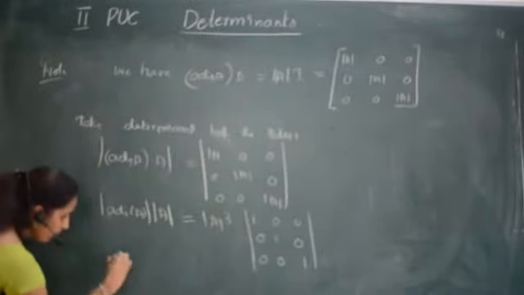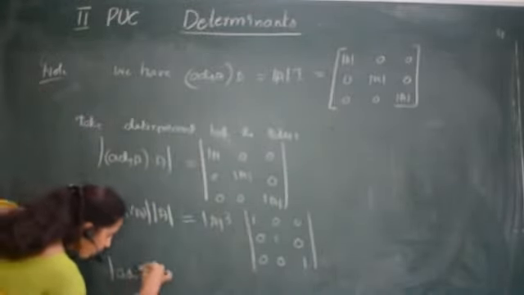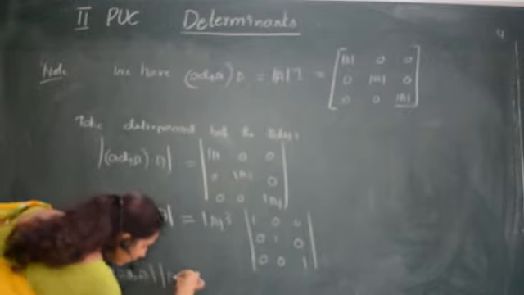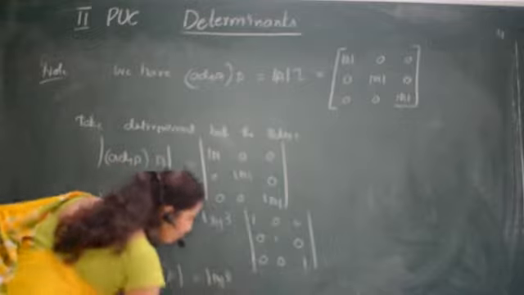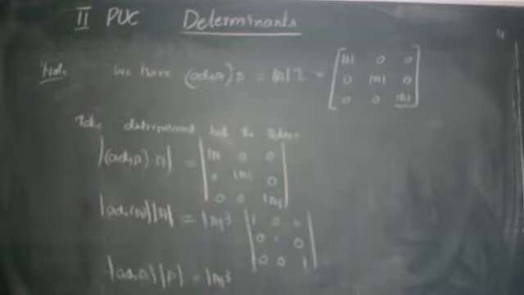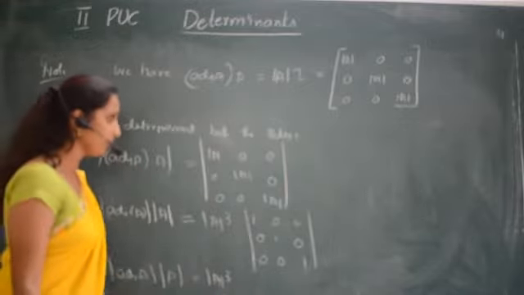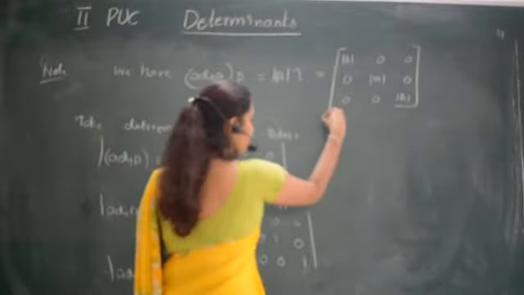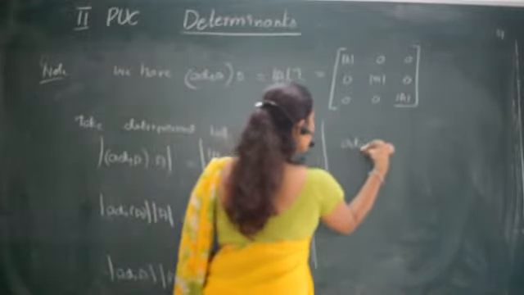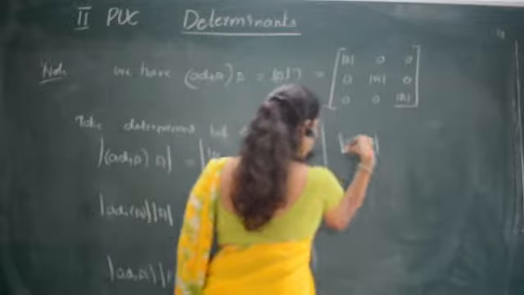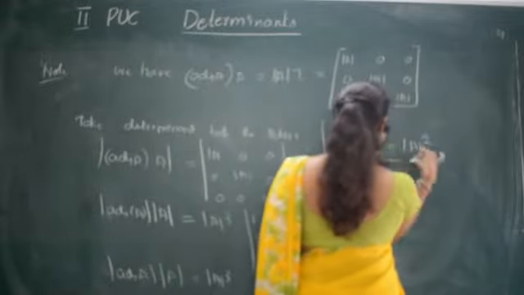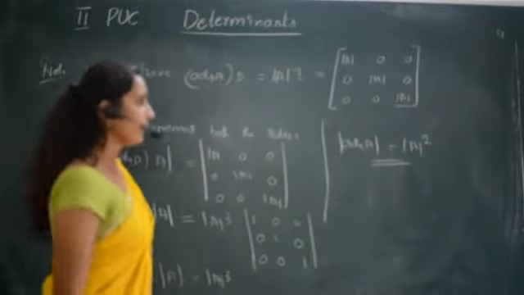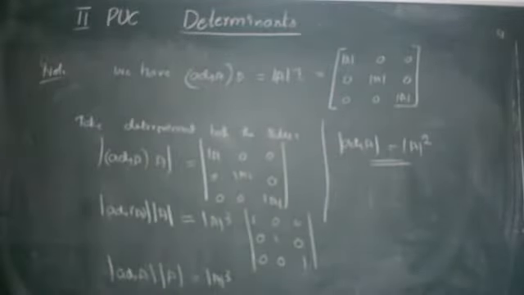Therefore determinant of adjoint A into determinant of A is equal to determinant A cube. We can cancel one determinant of A on both sides, so we get determinant of adjoint A is equal to determinant A square.